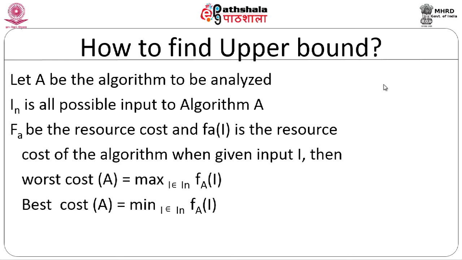If that is the case, then we can consider all inputs I, and we can say that the worst cost of the algorithm is the maximum number of operations that is necessary to implement this particular algorithm, and the best case is nothing but the minimum number of operations that is necessary to implement this particular algorithm.